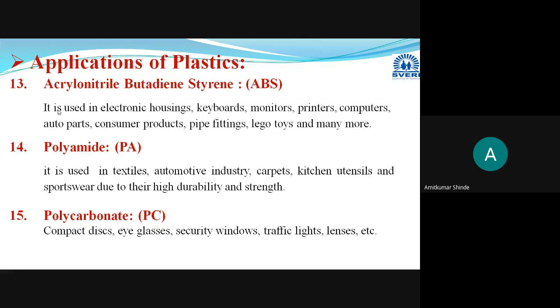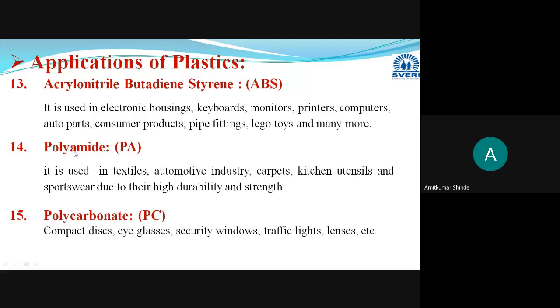I will repeat again: computer components like keyboards, monitors, printers are all manufactured with ABS only. Then different pipe fittings, then toys, Lego toys, which you can fix on the board.